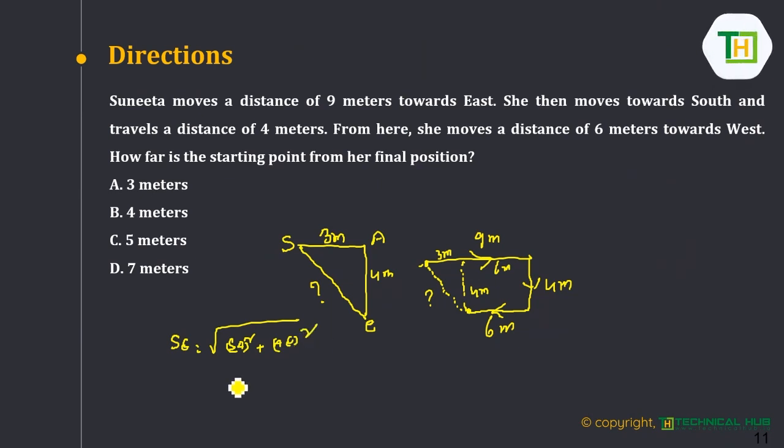SA means 3, 3 square means 9, and AE means 4, 4 square means 16. Square root of 9 plus 16 means 25. Square root of 25 means 5. So SE is 5 meters. The distance between the starting point and ending point is 5 meters. Option C is the correct answer.